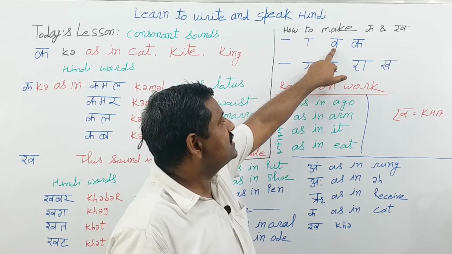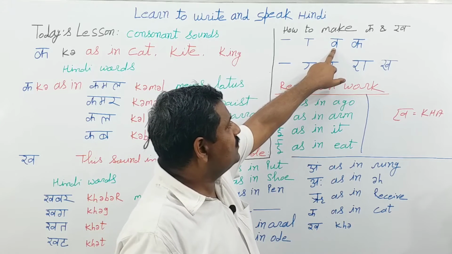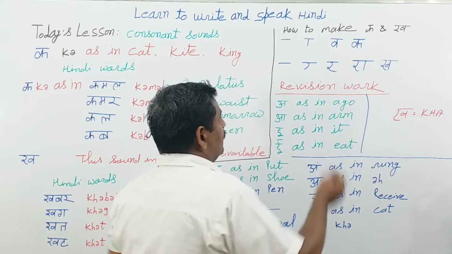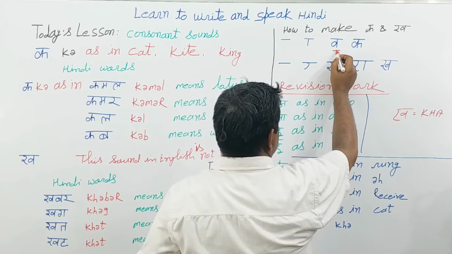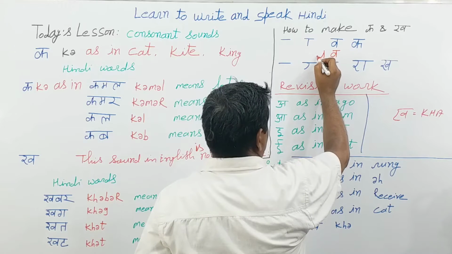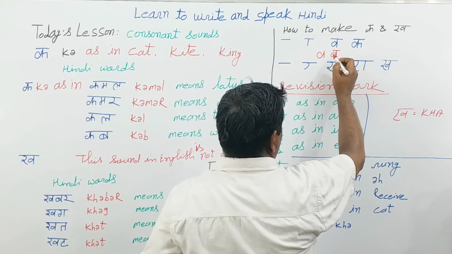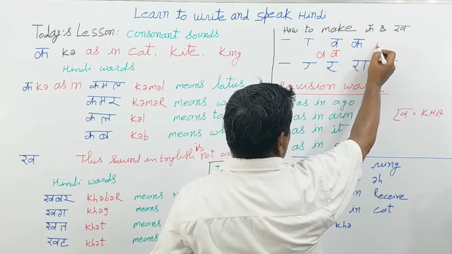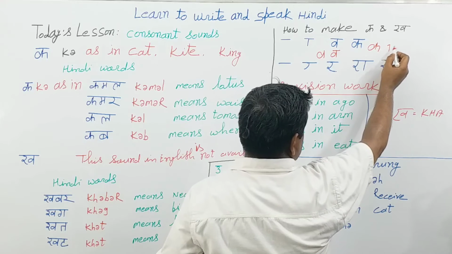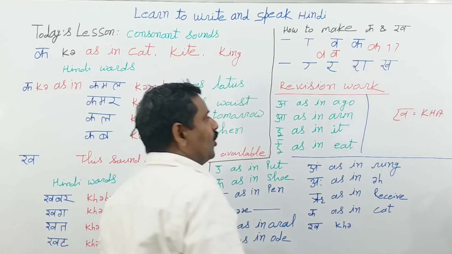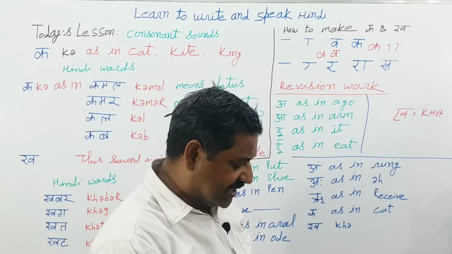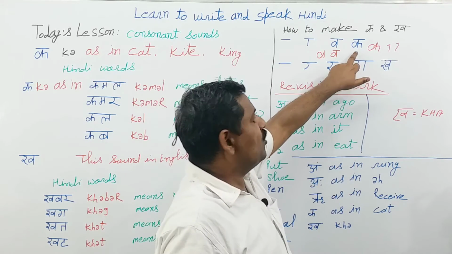After this shape we draw this line from here. In this way this shape comes into existence, and we call this sound k.